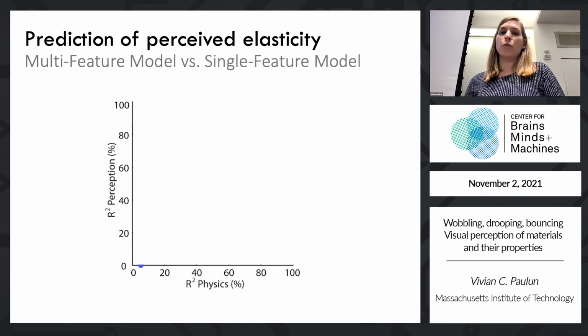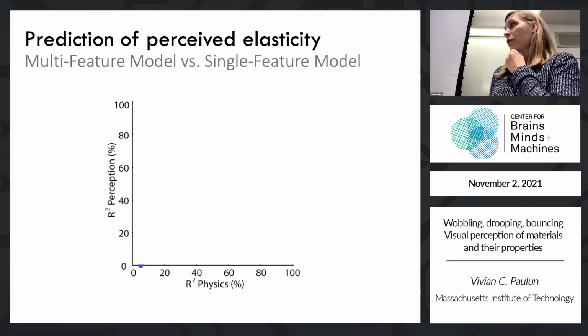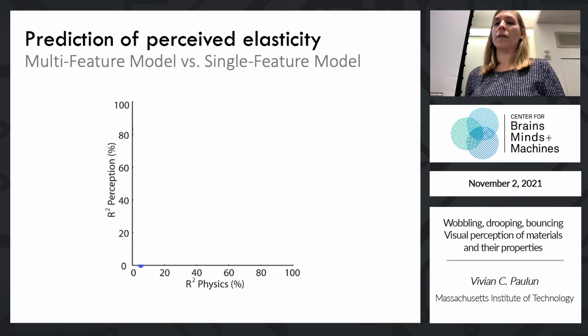And to investigate this further, we looked at the predictivity for each feature. So here I'm plotting how well it can explain the physics. So is this a good predictor to use? And here I'm showing how well it can explain perception. So whether observers actually use this or whether the data is in line with this feature.